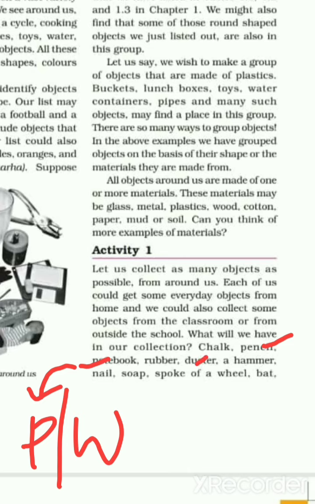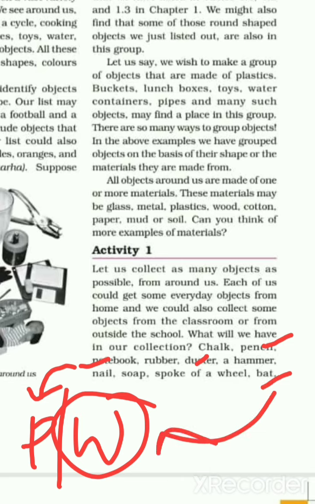Then duster, yes, the base of the duster is made up of wood. Then bat is also made up of wood. So here pencil, notebook, duster and bat are made up of wood. So these are the first category we made from wood.